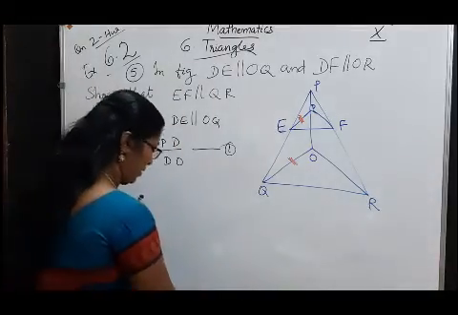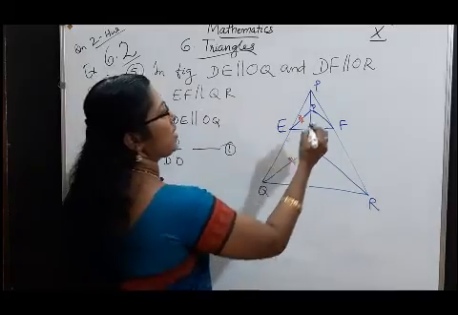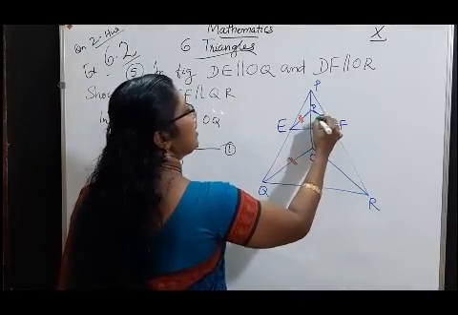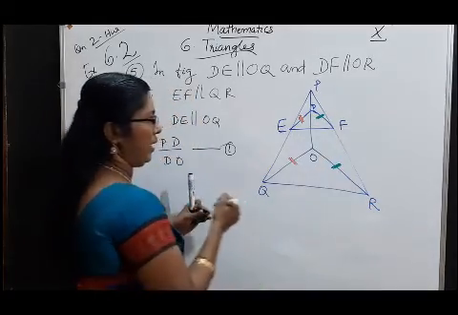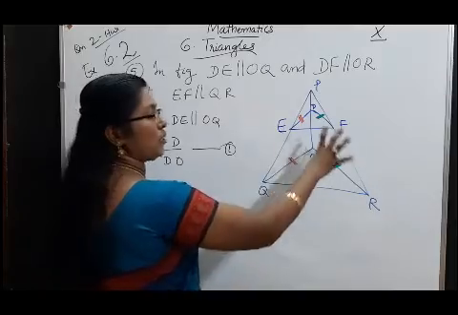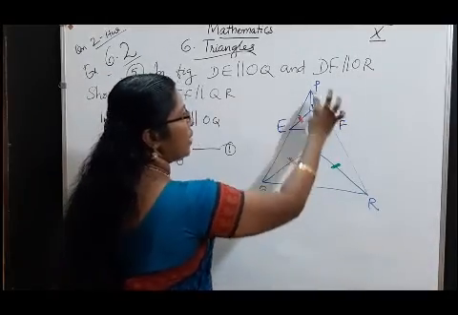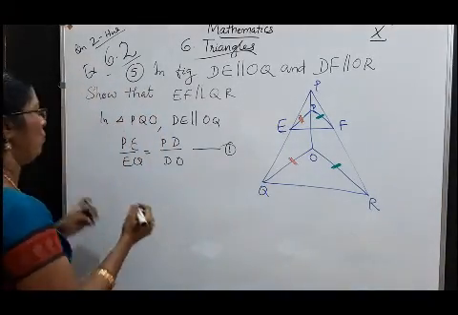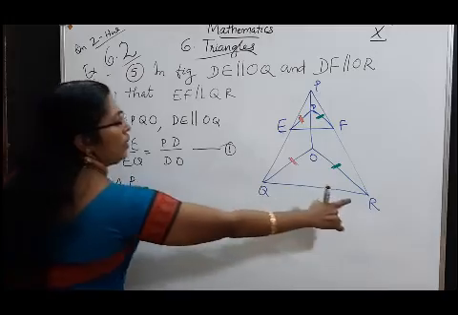Then the next part. Here DF is parallel to OR. These two lines are parallel. By using the same theorem, the basic proportionality theorem, you can write PF by FR equals PD by DO, in triangle PRO.